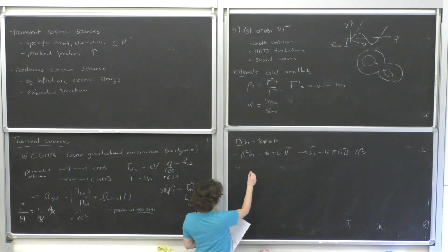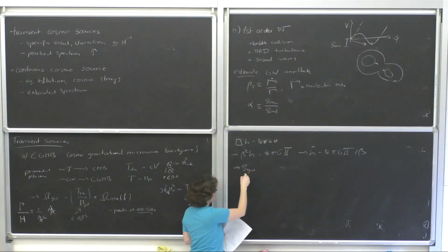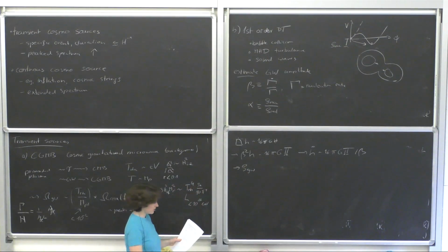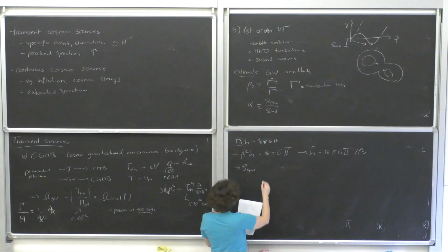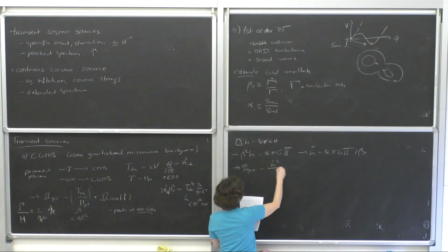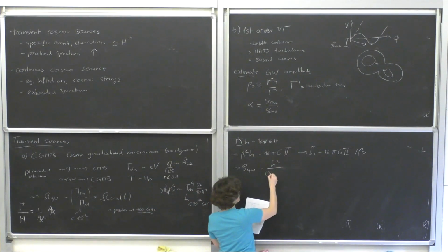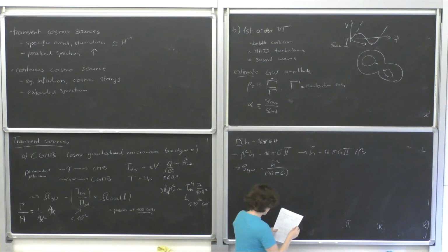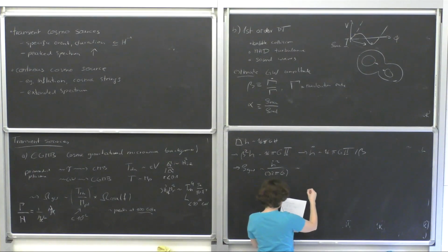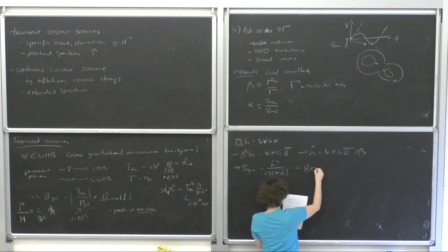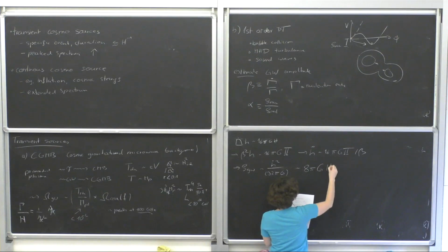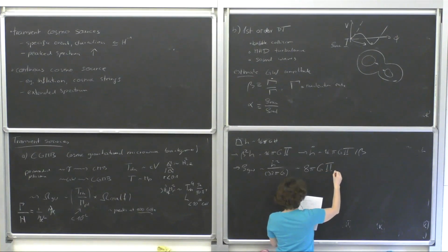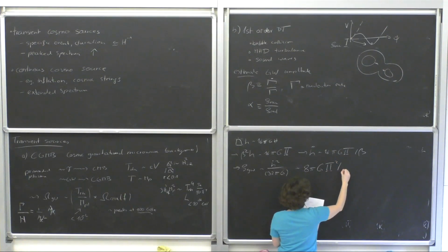And now we plug this into the expression for the energy density, which is essentially just h dot squared. So h dot squared and the prefactor 32 small pi G. Plug this in here, 8 pi G pi squared over beta squared.